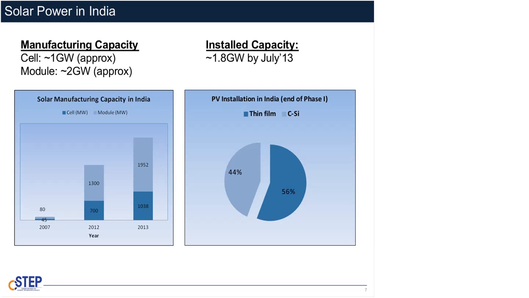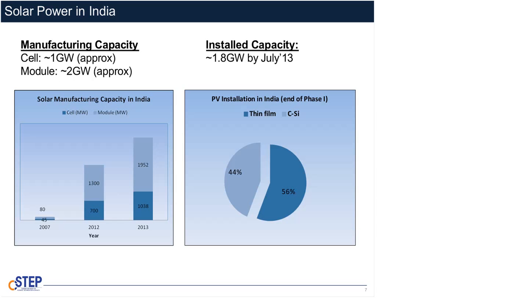But the point to be noted here is that, although the manufacturing capacity is 1 gigawatt for cells and 2 gigawatt for modules, as per the contemporary scenario 80% of the manufacturing capacity is lying idle, unused, because of the absence of demand. Most of the projects developed in India are using imported cells and modules.